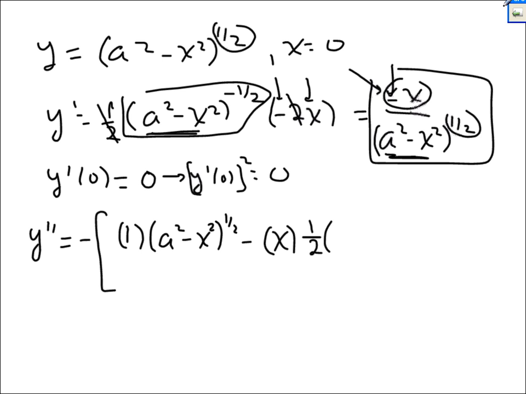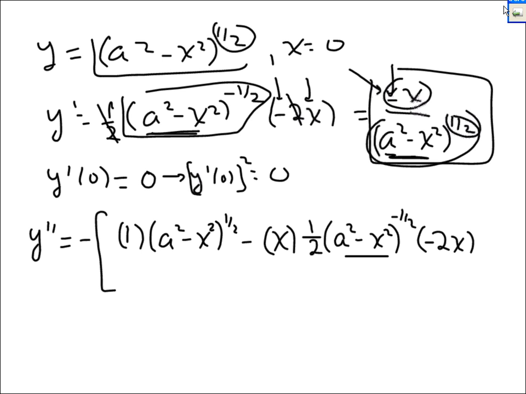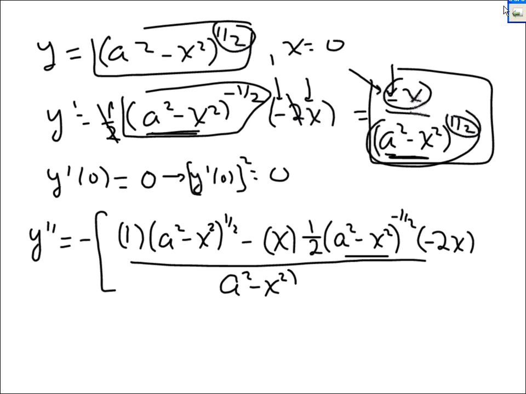Bring down the power, keep the inside the same, make the new power 1 less, and take the derivative of what's inside. After all, we just took the derivative of the bottom, and I took the derivative of y. And all of this gets divided by the denominator squared. If you have the square root, then you square. There is no more square roots.